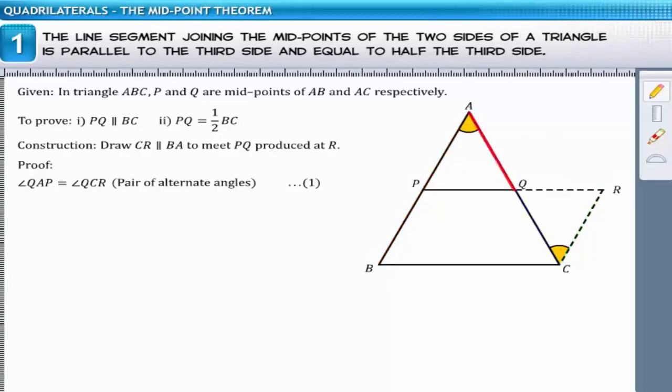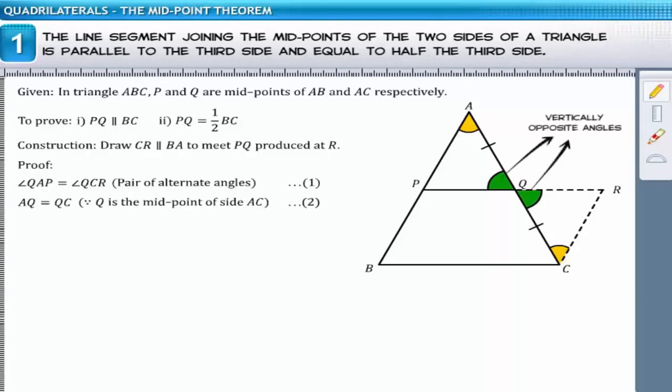Also, AQ is equal to QC, since Q is the midpoint of side AC. Also, angle AQP is equal to angle CQR, since they form a pair of vertically opposite angles.